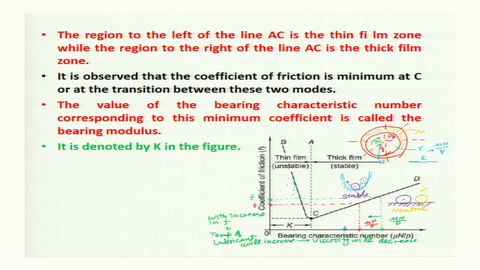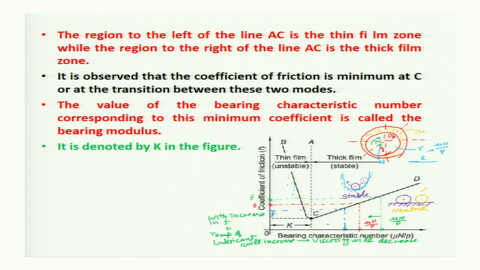In that case, what will happen? F is decreasing. So, with decrease in F, less sliding work will be done, the temperature of the lubricant will decrease, and with decrease in temperature of the lubricant, viscosity will increase.